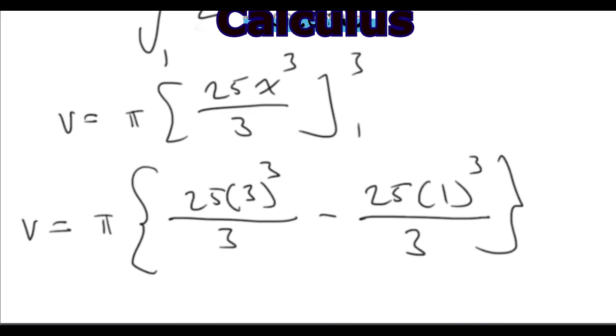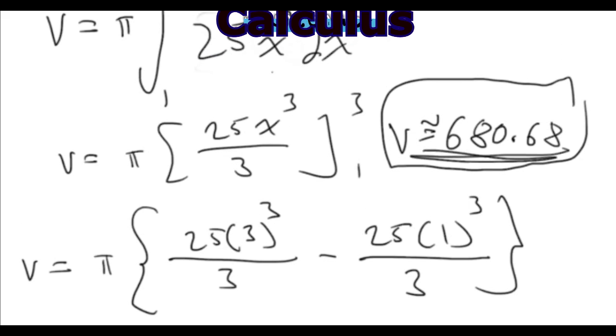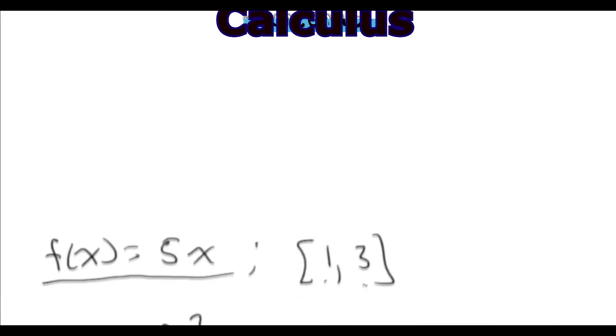I'm actually going to use the calculator to crunch these numbers. So 25 times 3 cubed over 3 minus 25 times 1 cubed over 3, times pi, gives us approximately 680.68 units cubed. So this right here is the volume under the curve.